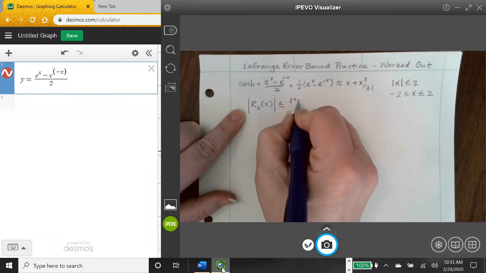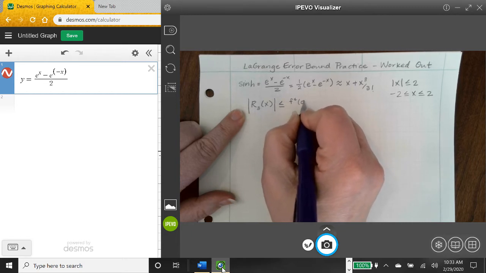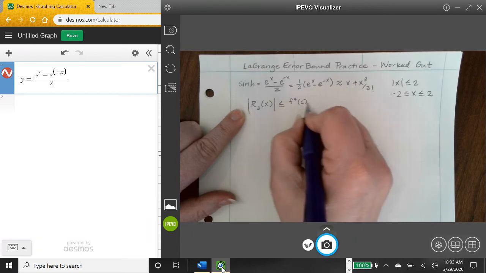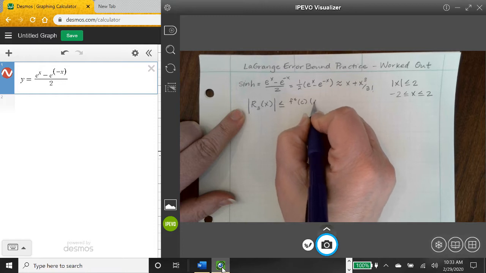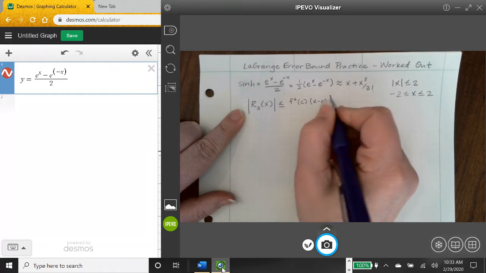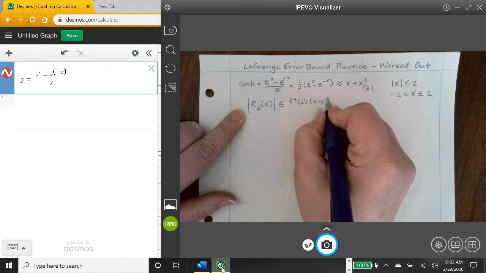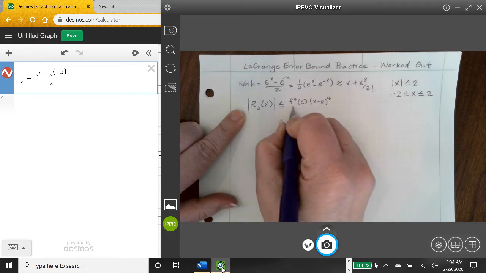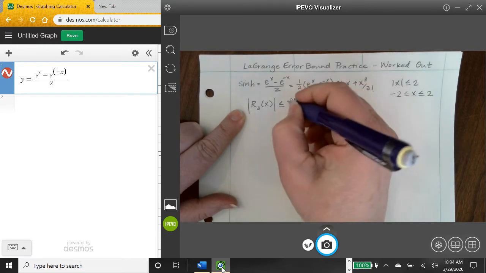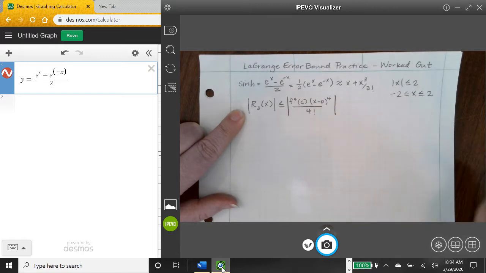Here we go, the fourth derivative, evaluated at some c, times x minus 0 to the fourth over 4 factorial. Okay, I'll put absolute value because we're just worried about the magnitude of the error here.